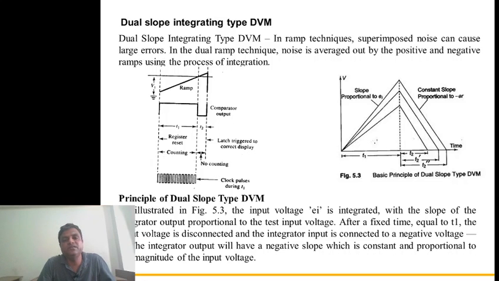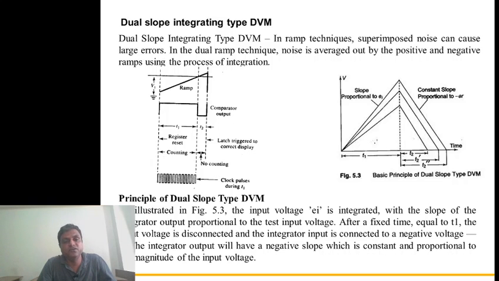Before this we were using the ramp technique to measure a voltage. What is the ramp technique? See this particular diagram, a ramp is shown. This ramp starts from a negative point having the voltage V1 and then moves to the positive.